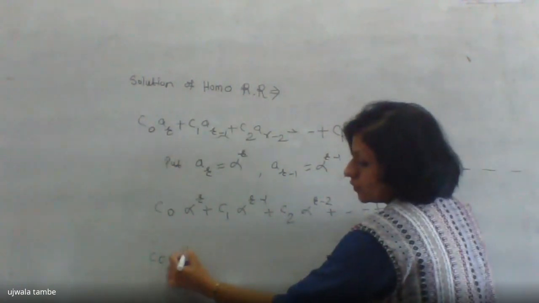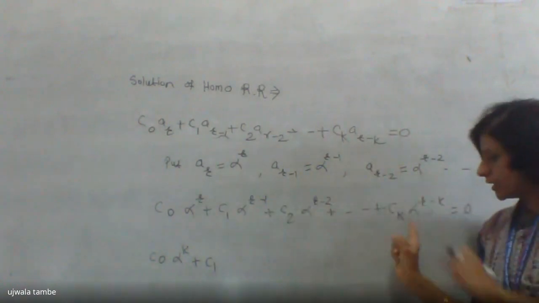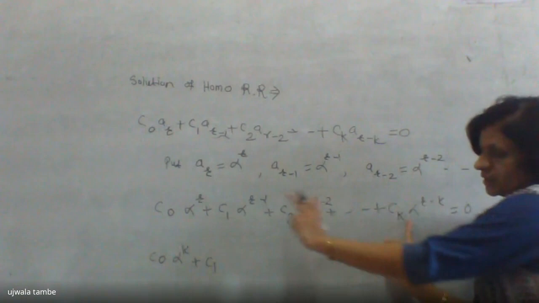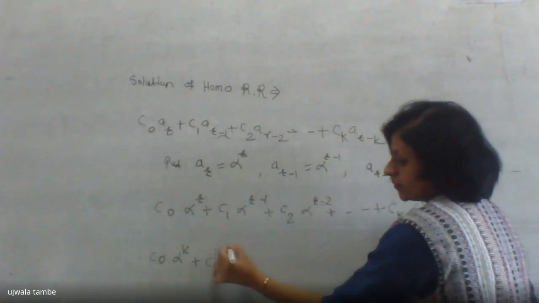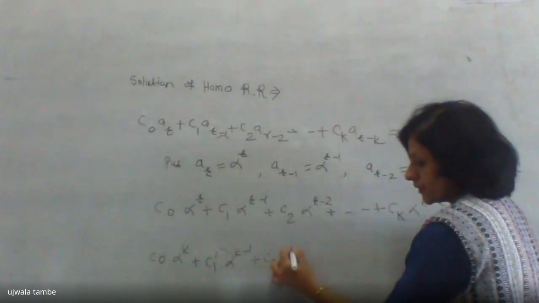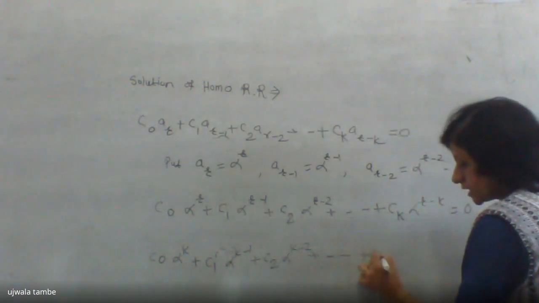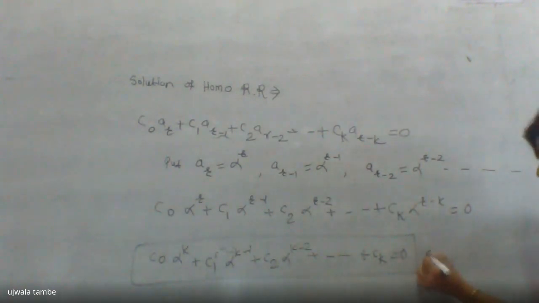That is alpha raised to k, plus C1 into alpha raised to r minus 1 divided by alpha raised to r minus k, that is r minus 1 minus r plus k, means alpha raised to k minus 1, plus C2 alpha raised to k minus 2, up to Ck is equal to 0. And this equation is known as characteristic equation.